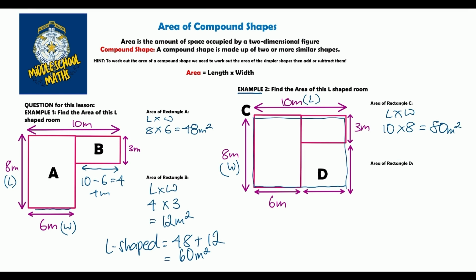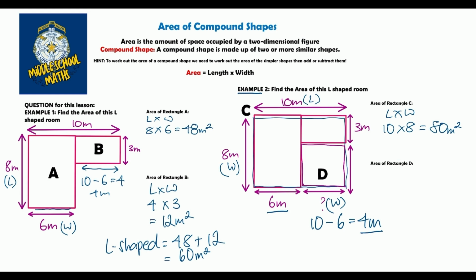Then we can figure out what this little square, or little rectangle, which is D, is. We can figure out this length here by looking at the total length, which is 10, and then taking away what we do know, which is 6. So the bottom, or the width of this square, is going to be 4 meters.